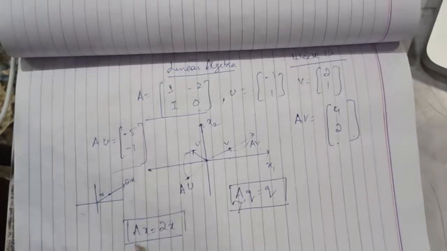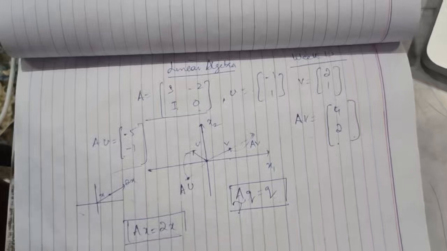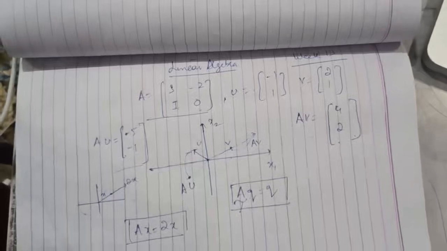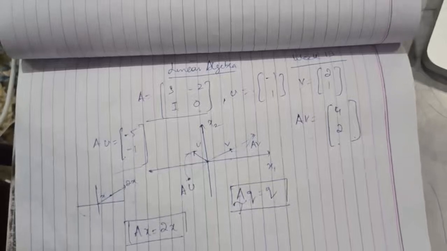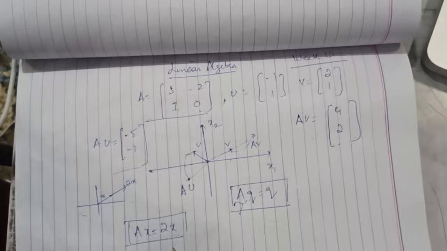So these kinds of vectors, or these kinds of solutions, say for example in this case Ax equals 2x, is what we call the eigenvalue of that matrix, right? And the resultant vector, in this case vector x, is an eigenvector, because this vector just scales linearly.